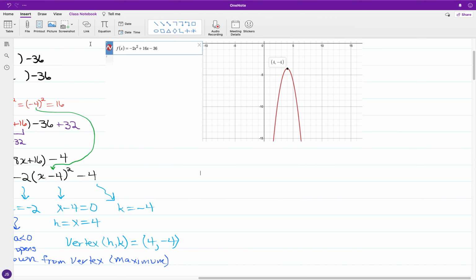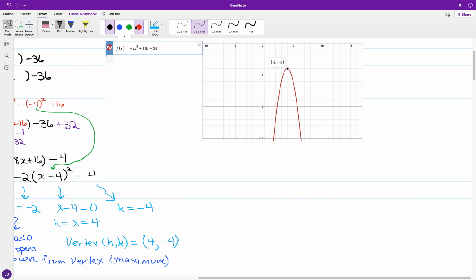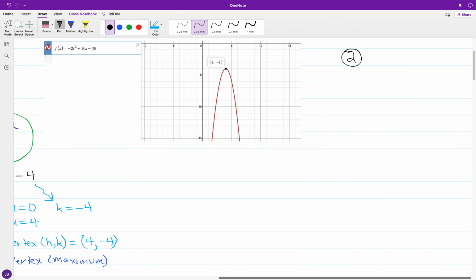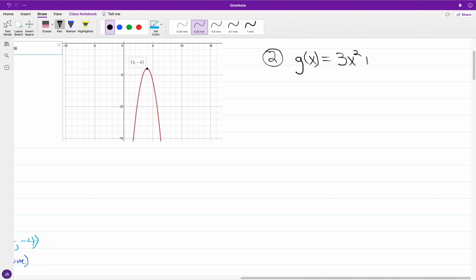For this function, the coefficients are 3, 30, and 77. Again, like f of x, g of x is just another way of saying y. So here we have g of x as it is presented, displayed in standard form.